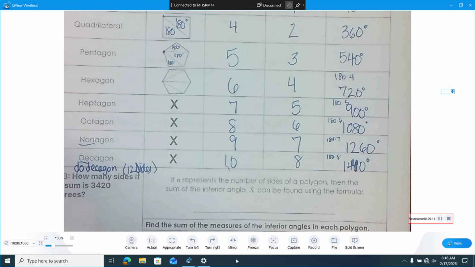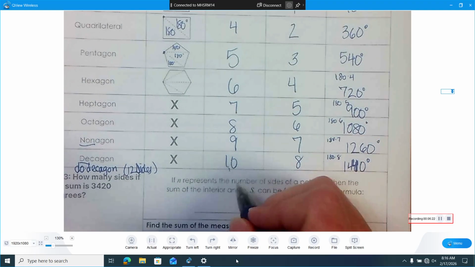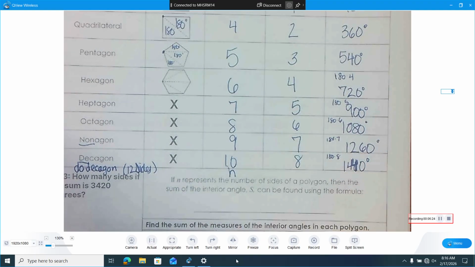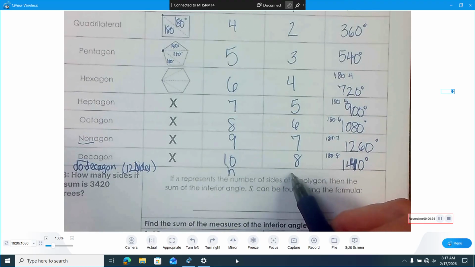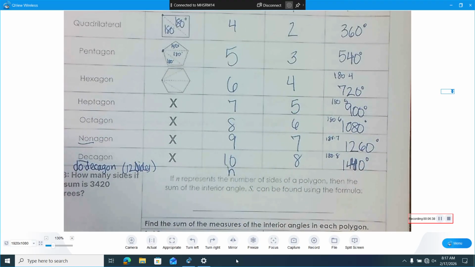That is a whole lot of sides. There are a huge number of sides there. And instead of giving it a number, I'm just going to call it n, like n sides. So if there were n sides, how many triangles would we be able to draw?